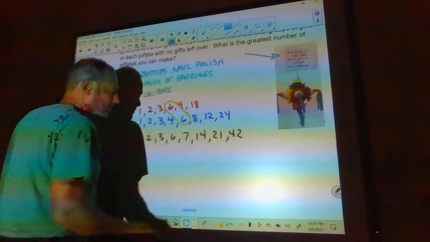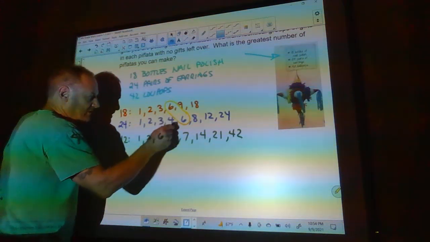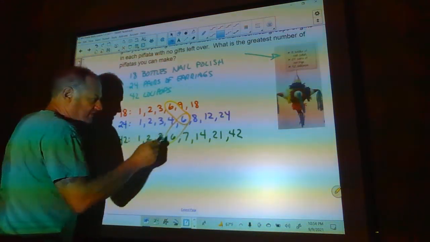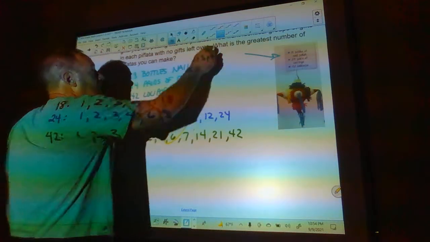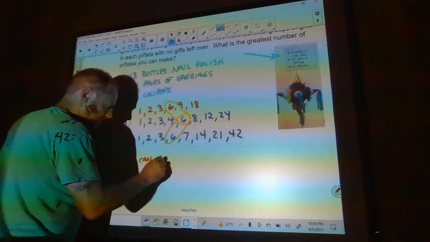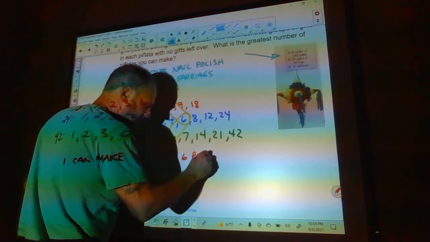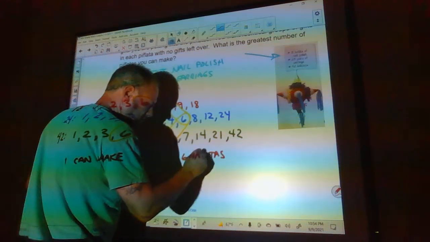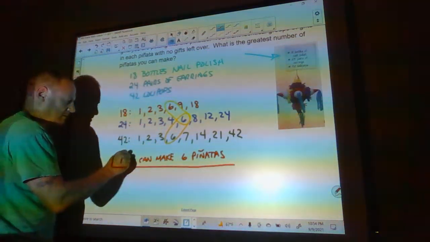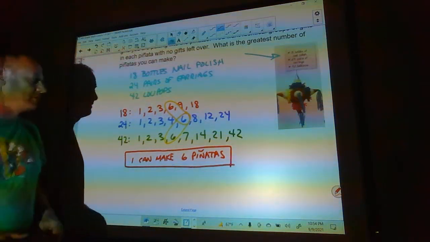Okay, so there's my possibilities. So the biggest one I can have here is 6, and I have a 6 there, so 6 is the answer. So I can make 6 piñatas and have the same amount of stuff in each one.